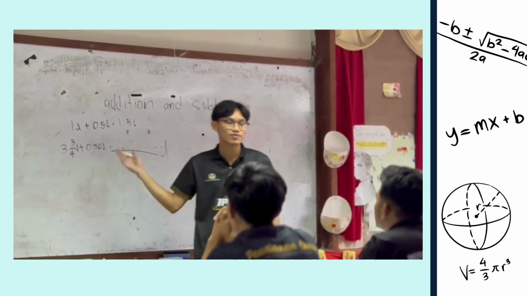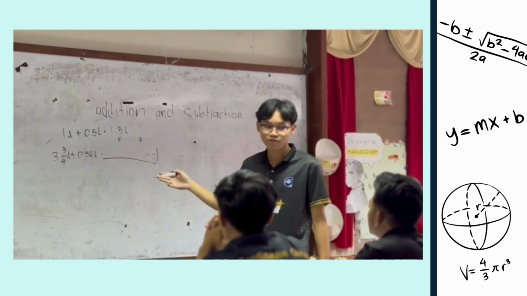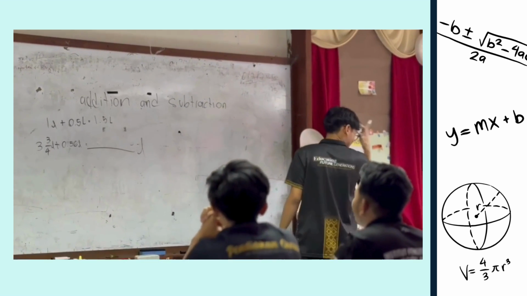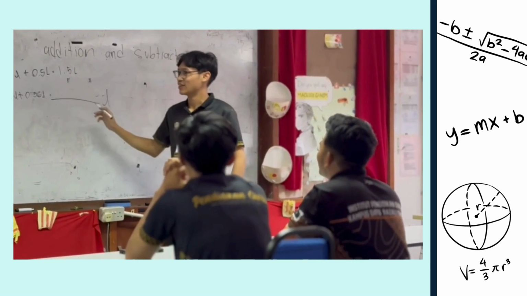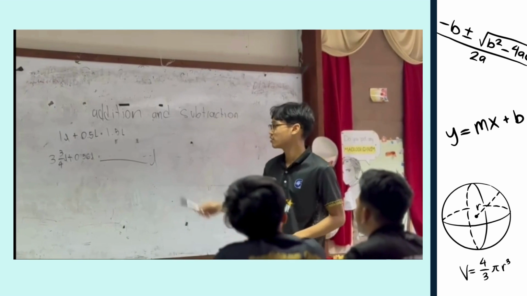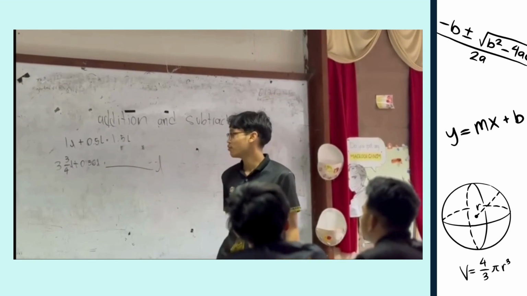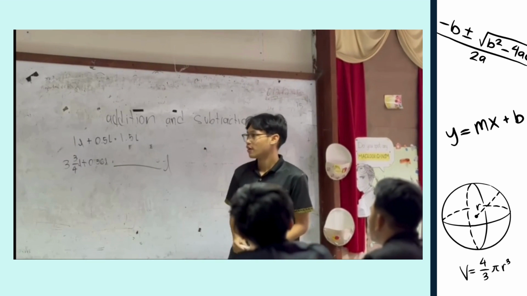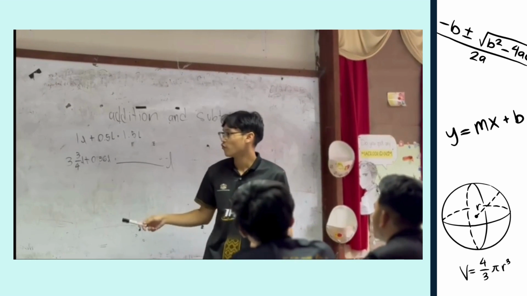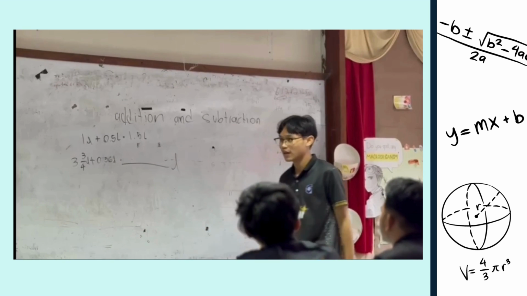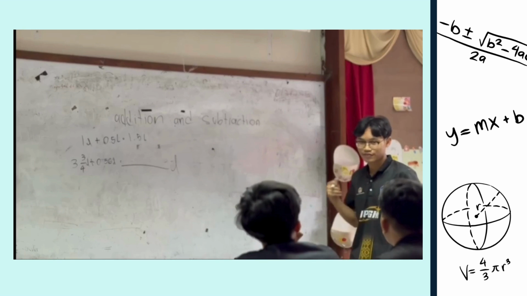How are we going to solve this question? So we have a fraction and we have a decimal. First we need to convert the fraction to a decimal. How? We use division.